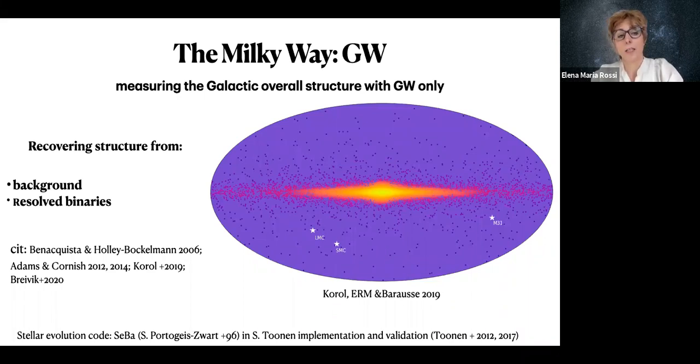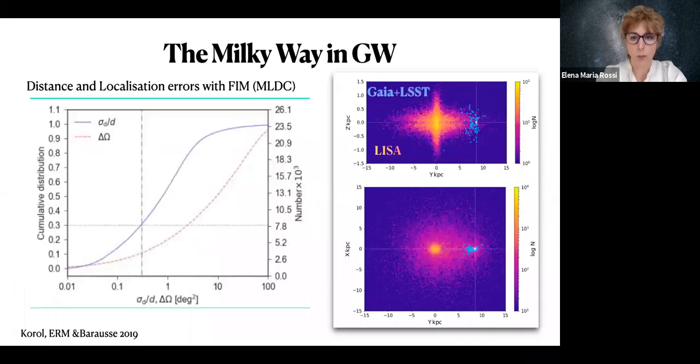One is by exploiting the copious background in the LISA detector. And another is instead by exploiting detected resolved binaries. And this is what we have done, and I will talk about our work, in which, as you see, we will also do the next step of combining with optical data.